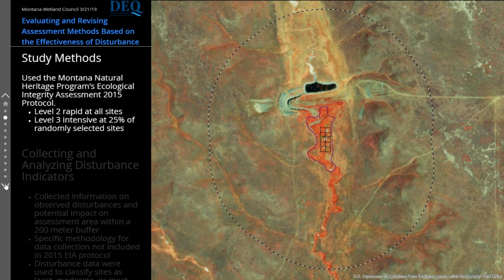At 25% of the sites, we also did the intensive assessment. For purposes of this talk, I'm going to focus more on the vegetation aspect of the intensive assessment, the wetland vegetation aspect.